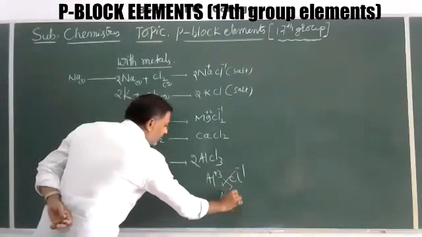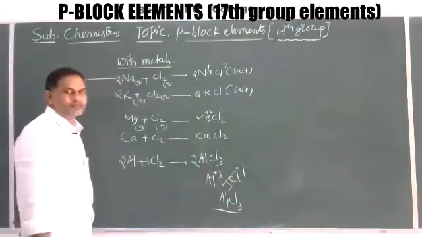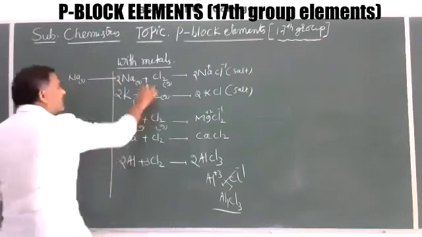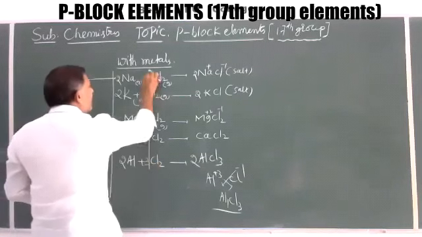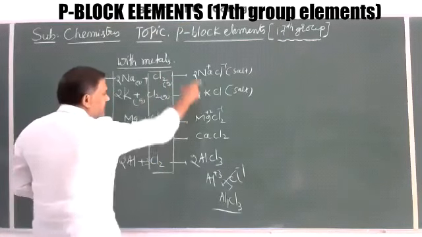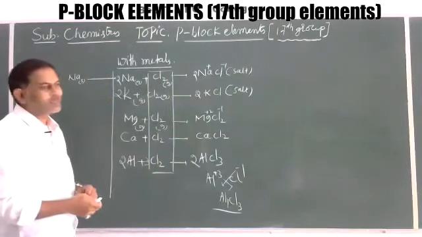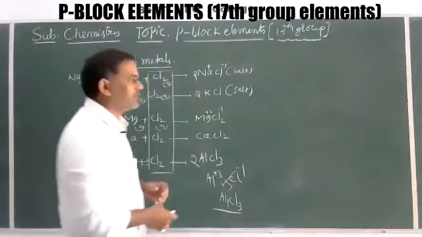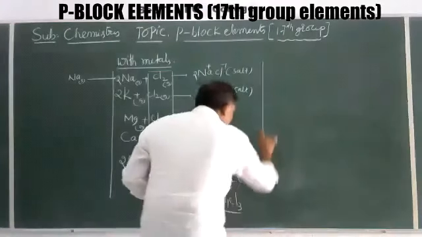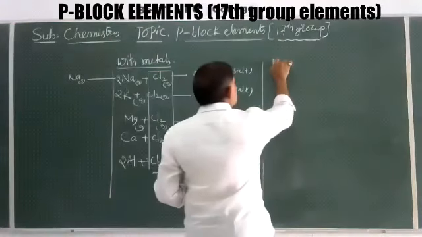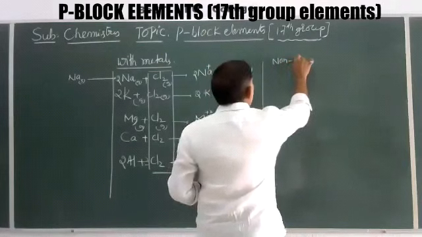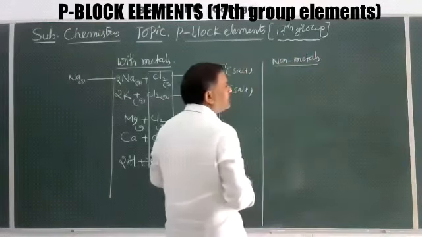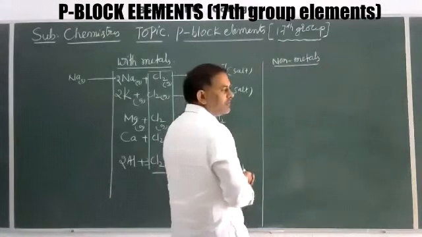So chlorine, a halogen, reacts with the corresponding metals to give corresponding salts. It also reacts with non-metals. How does it react with non-metals? Already given in the 15th group and 16th group elements, reactivity towards halogens.